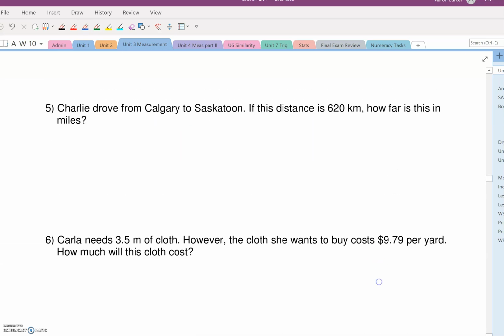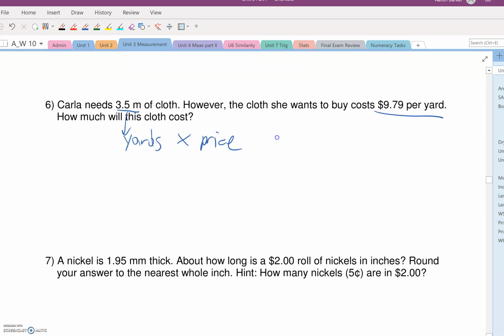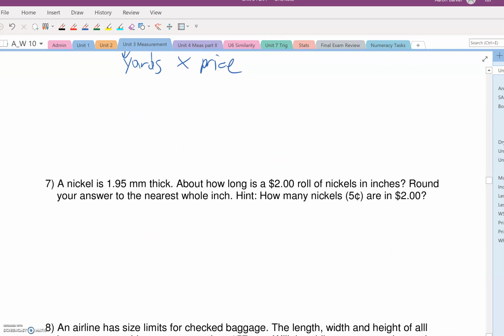Down here, again, convert that into miles. Here, you're going to have to convert this into yards, and then you can times it by your price, which is right here. This one we can convert into inches.